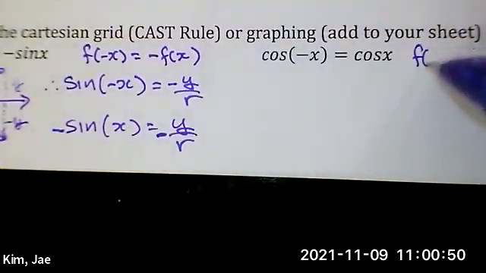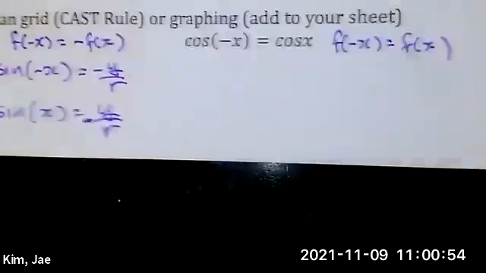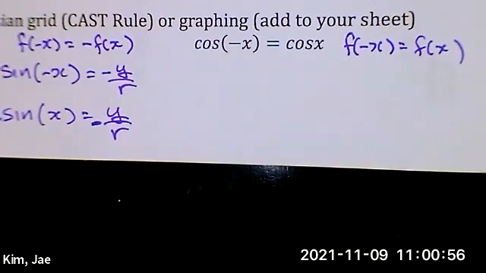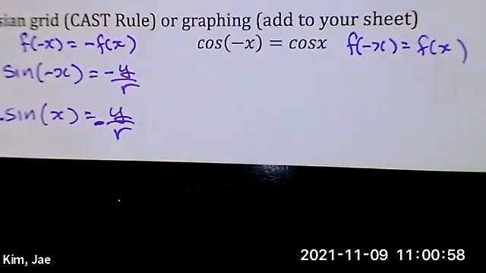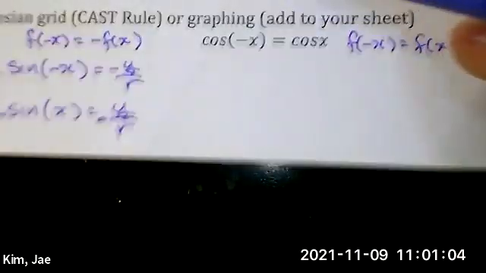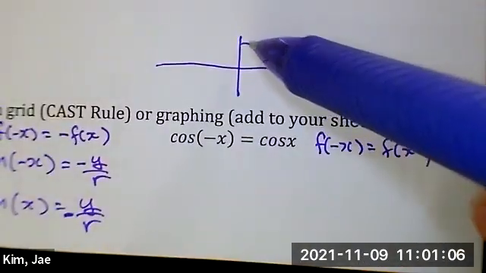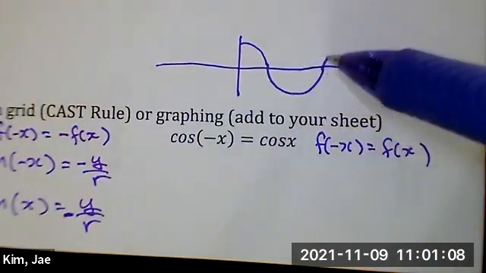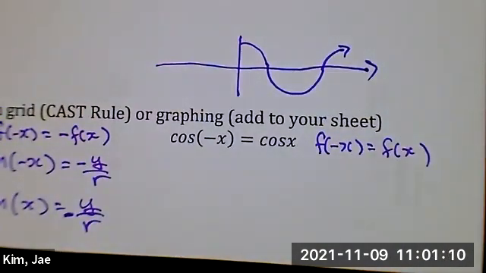Cosine is like f of negative x is equal to f of x. In other words, there is a line symmetry. Think about it graphically. Cosine is, right? Remember that from grade 11?